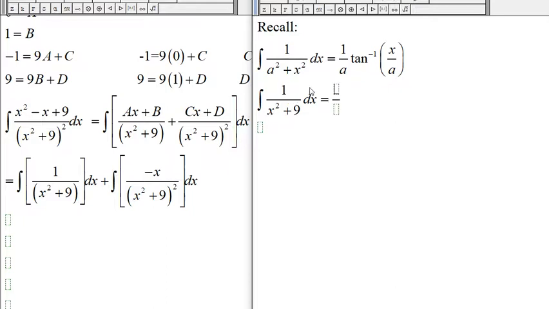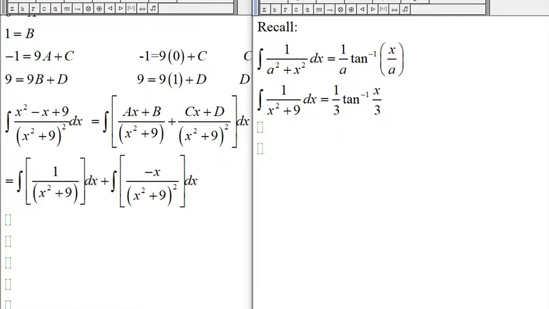So a squared is 9, so a is 3, and then tangent inverse of x over 3. Once again, a squared is 9, and therefore a is 3. And so that's why we end up with 1/3 tangent inverse of x over 3.